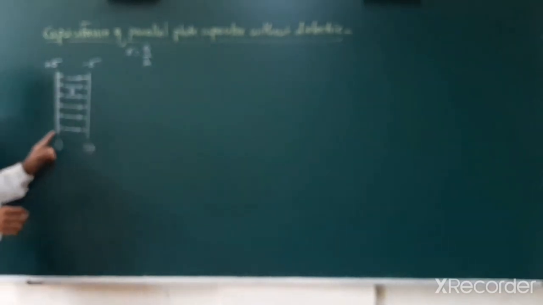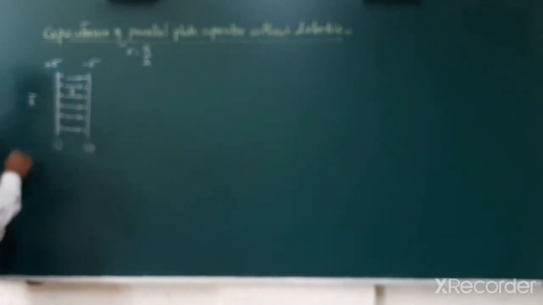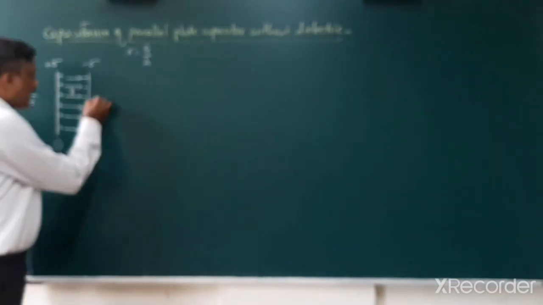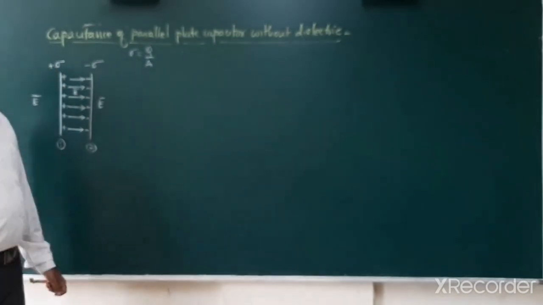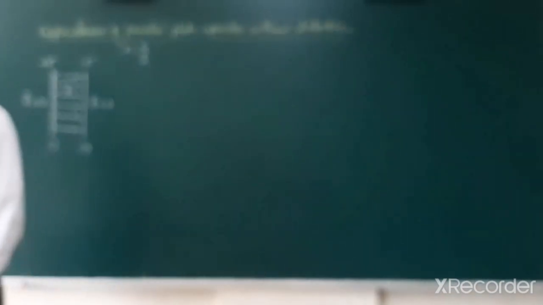Outside this first plate there is no charge, and electric intensity is here and also here. Outside this there is no charge, so the value of electric intensity is obviously 0.